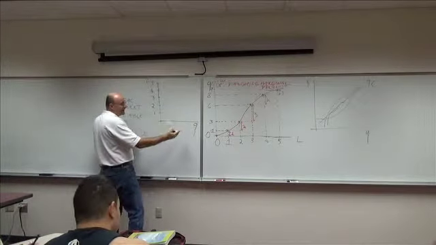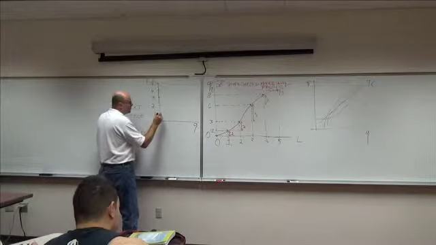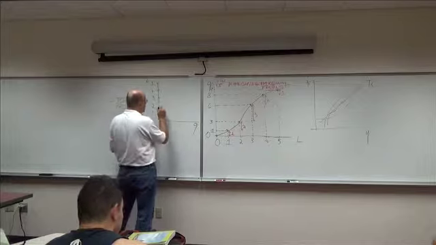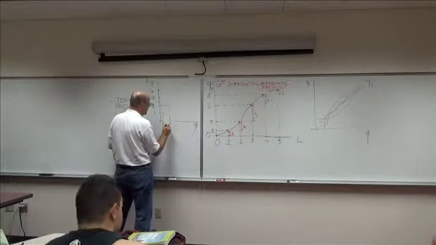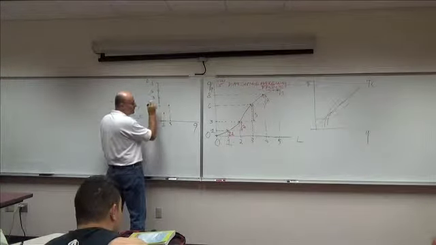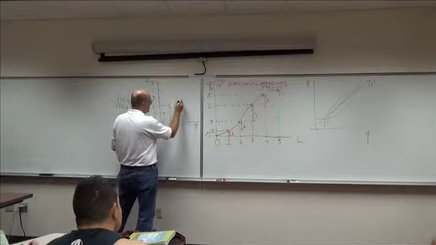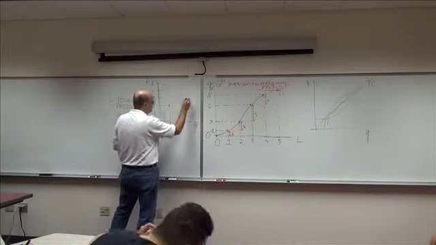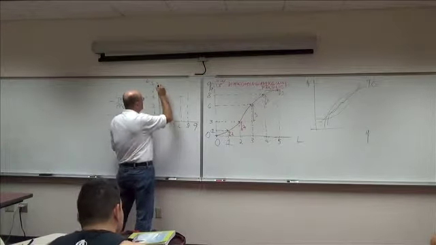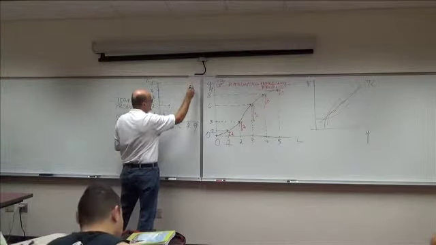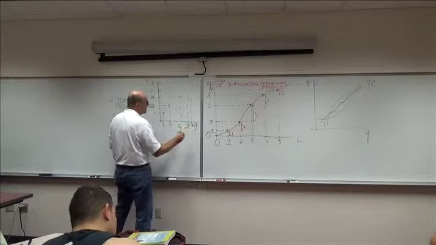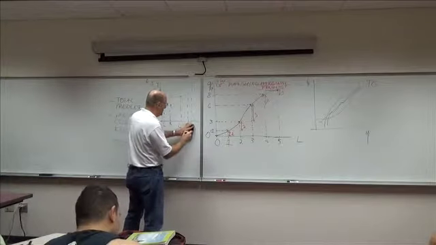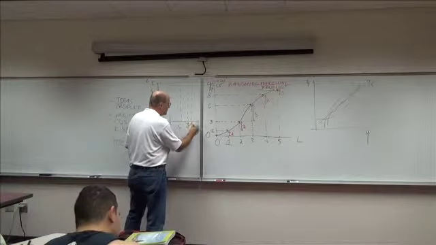And on the horizontal axis, one worker can move 1 piano. 2 workers can move 3 pianos, 3 workers can move 6 pianos, 4 workers, 8 pianos, 5 workers, 9 pianos. Correct? Everybody on the same page?